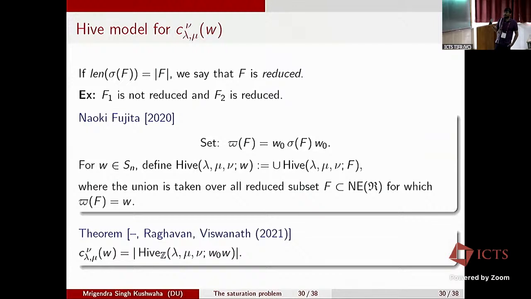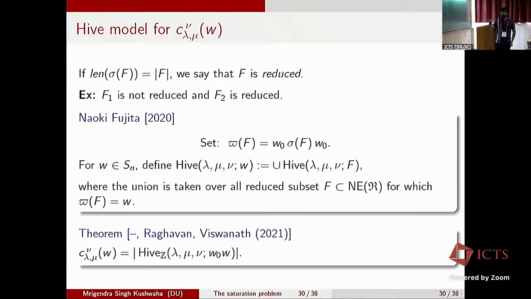This whole construction is given in the Fujita paper, so we are just following the Fujita notation. For a given F, define ω(F) equal to w0 σ(F) w0.